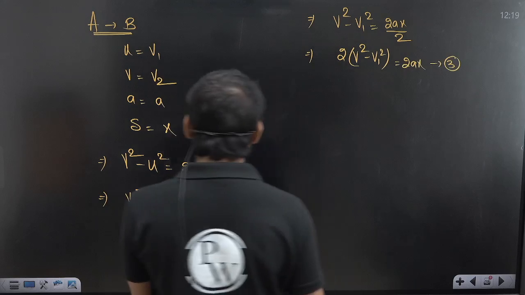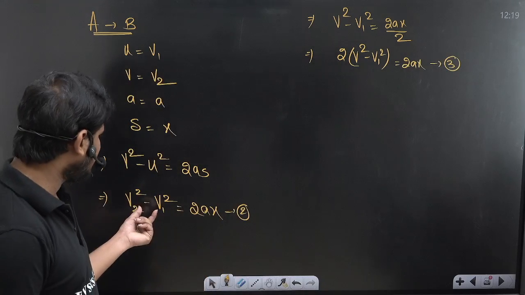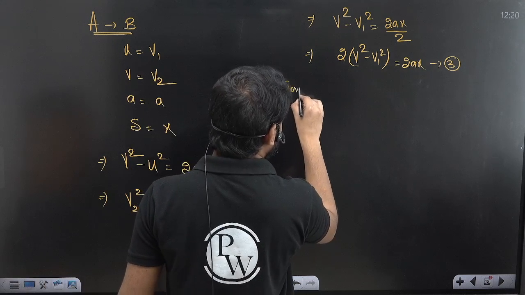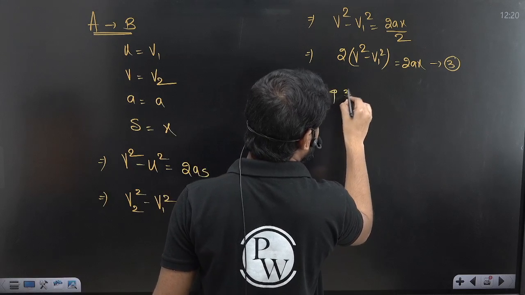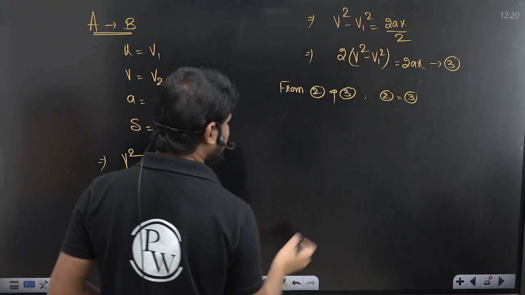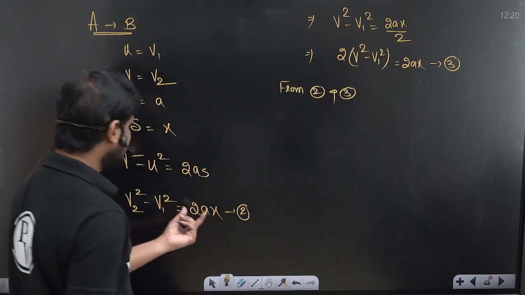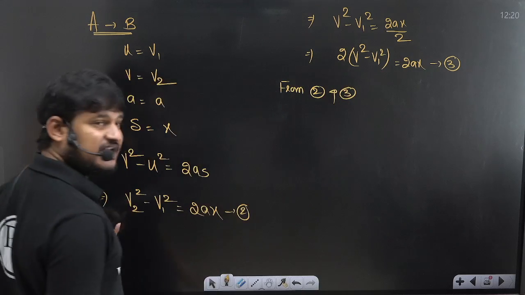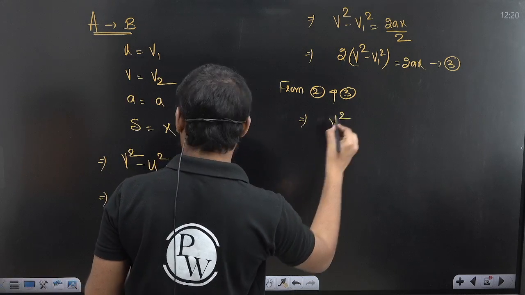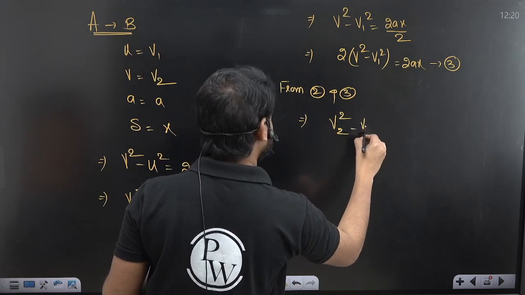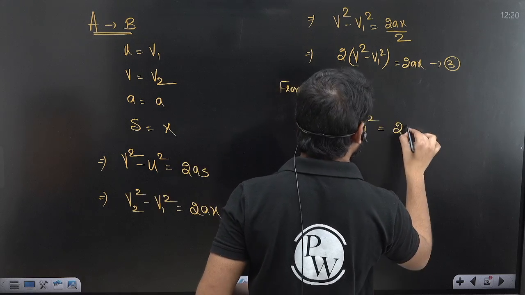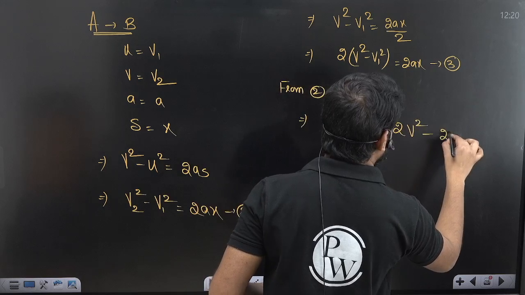Now observe equation 2 and equation 3. Both have the same RHS, so we can equate their LHS. The LHS of equation 2 is v2 square minus v1 square, and of equation 3 is 2v square minus 2v1 square.